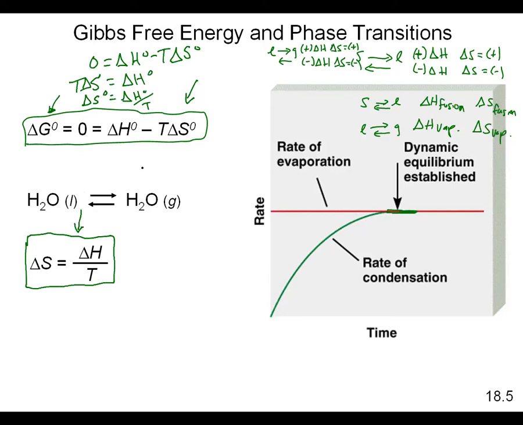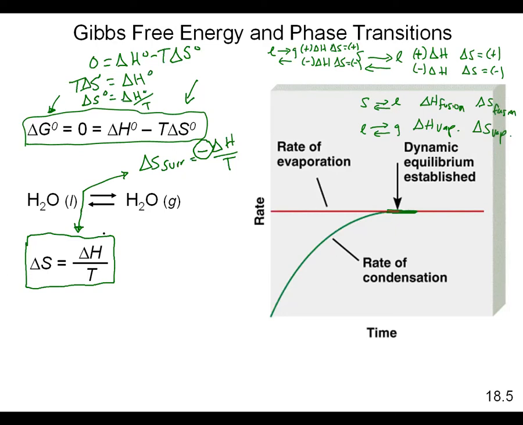Now, you may remember this equation, or one that kind of looks like it. This is very similar to the one that we saw for the delta S of the surroundings. The difference, though, is that one is actually negative delta H over T. So this is the one that looks just like the delta S of the surroundings. The difference is the negative, because with the surroundings, what we're talking about is the opposite effect in terms of enthalpy. So this is the one where you don't want to get confused.